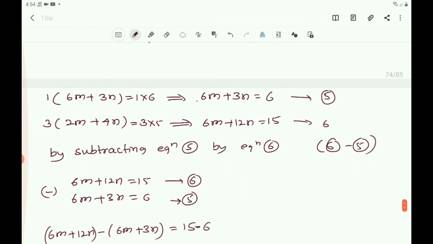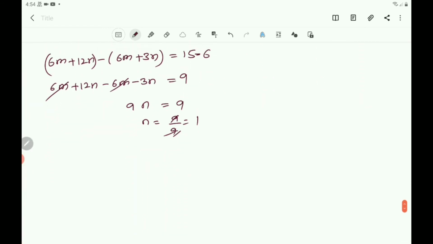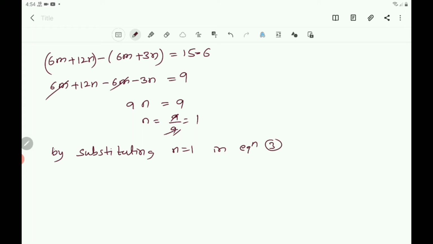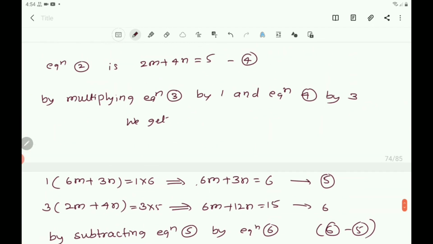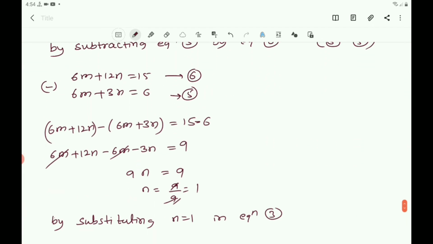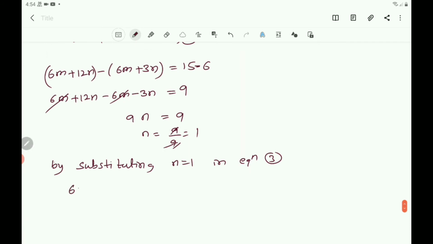Now you substitute the value of n in equation 3, that is 6m plus 3n equals 6. By substituting n equals 1 in equation 3, 6m plus 3 into n, meaning 3 into 1, equals 6.